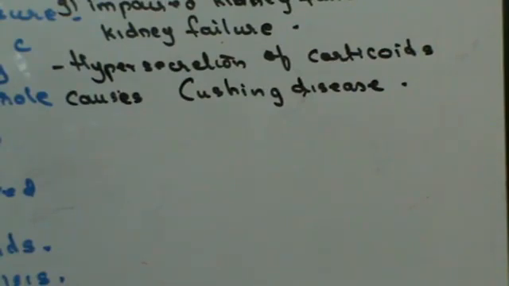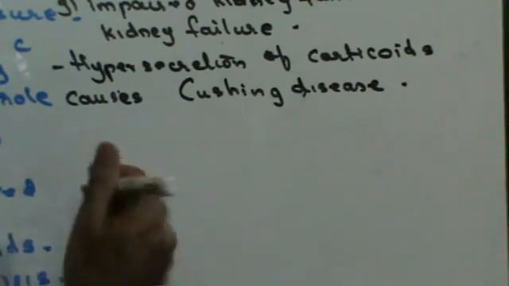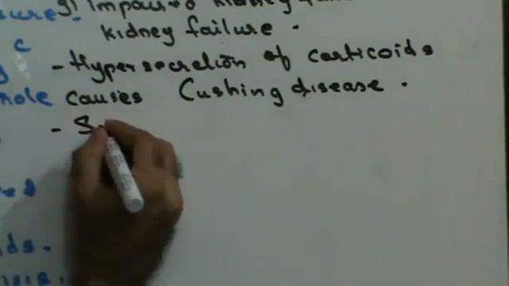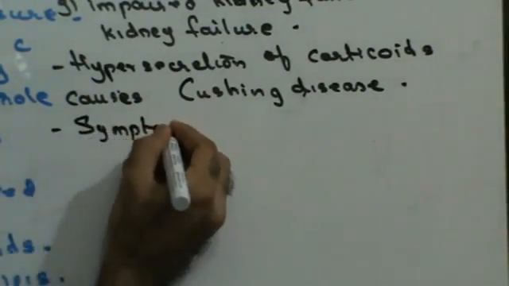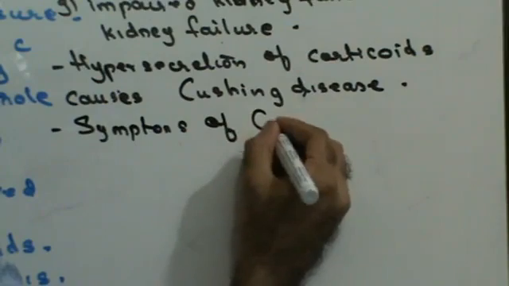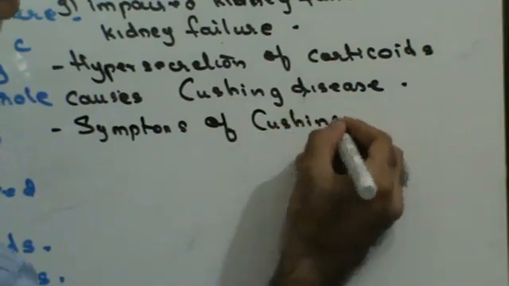The symptoms of Cushing disease are enhancement of the total quantity of electrolyte and extracellular fluid, which causes increased BP and muscle paralysis.